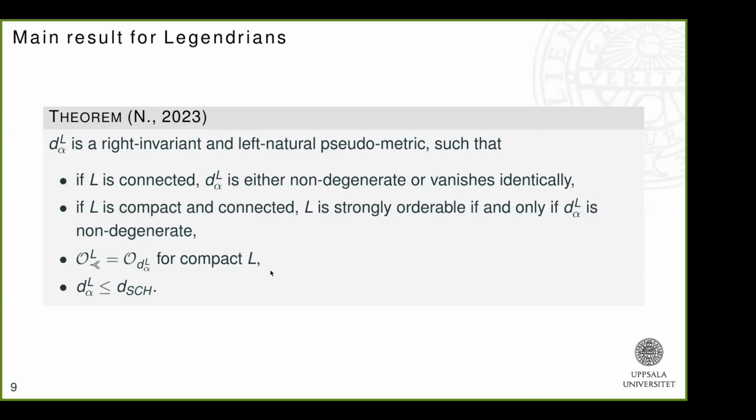Furthermore, we know that the interval topology, which again is induced by these intervals with respect to positive paths, agrees with the metric topology induced by this d alpha. And again, it's bounded by an analog of the Shelukhin-Hofer distance, which is called the Shelukhin-Chekanov-Hofer distance.